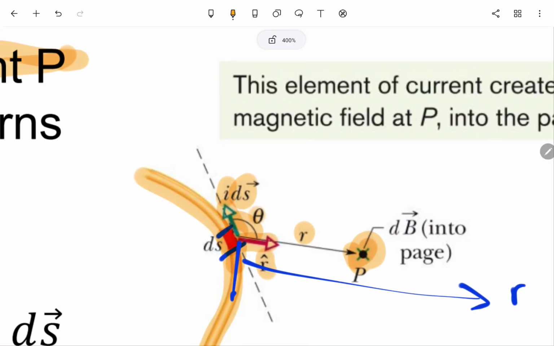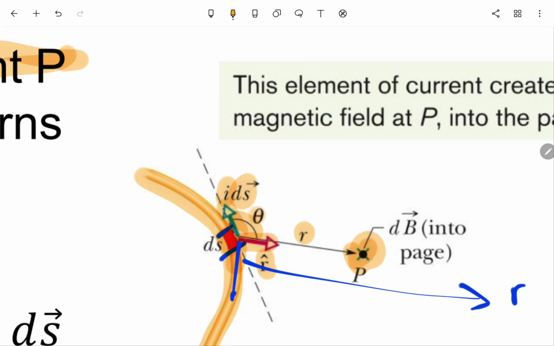You can expect ds pointing in this direction, and r hat pointing to the right side.